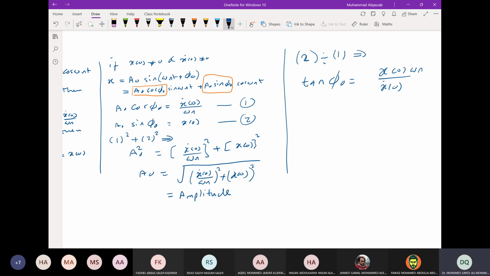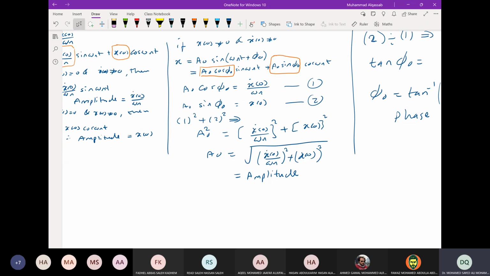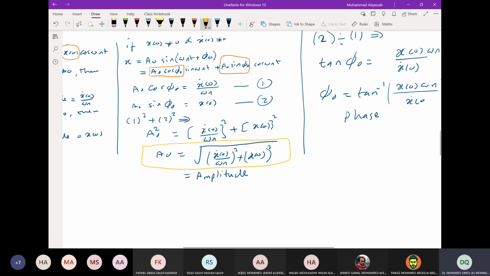And then you can get phi 0, which is equal to tan inverse of x at 0 omega n divided by x dot at 0. It's called phase. So this way you can get the amplitude directly from here. So this is the final equation that you need to get the amplitude and to get the phase.